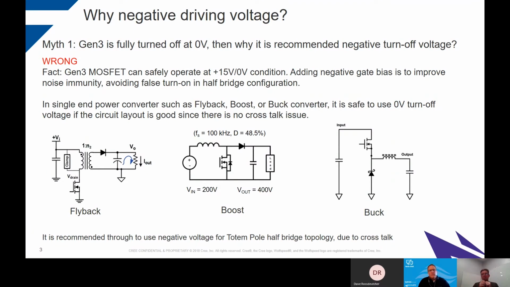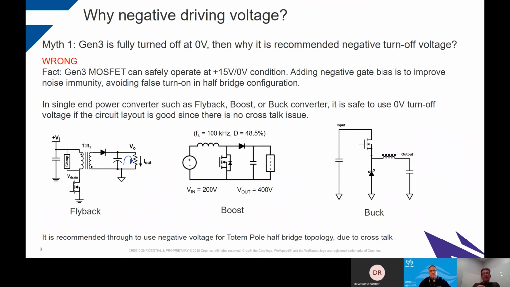If you have a typical asynchronous circuit, like an asynchronous buck or a boost or a flyback, something of that nature, where you have a single switch and a diode, the diode is the free wheel, then you are not going to get any spurious turn-ons or transients, and a 0 volt there can be absolutely safe.